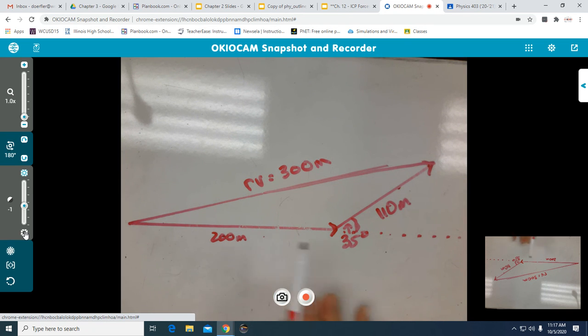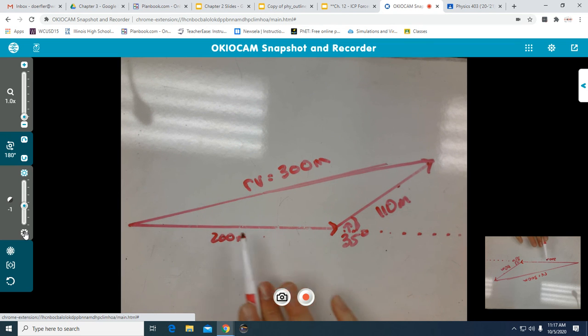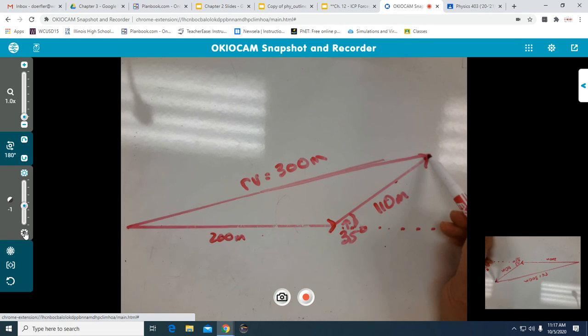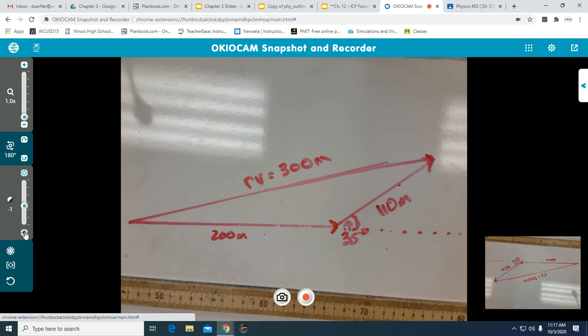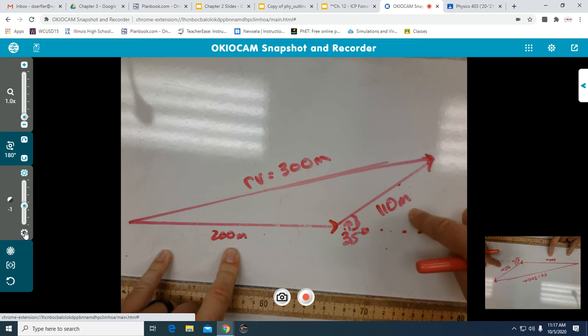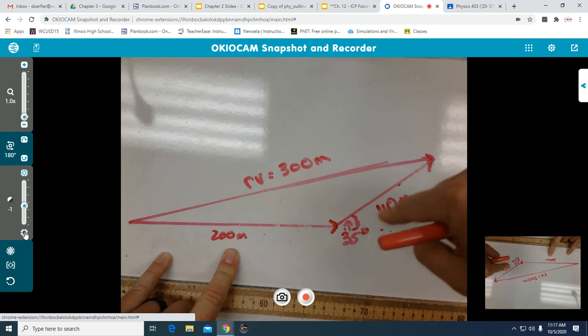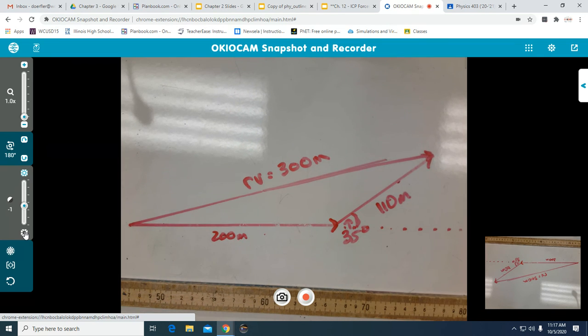After this vector and that vector, given that angle, the plane has traveled 300 meters, or I should say its displacement is 300 meters from its original location. Now, it's obviously traveled a little more. If we think it's traveled 200 and 110, it's traveled more than 300, but because it took off at an angle, given the relationship between where it started and where it ended, its displacement is only 300 meters. So that's how we graphically do it.